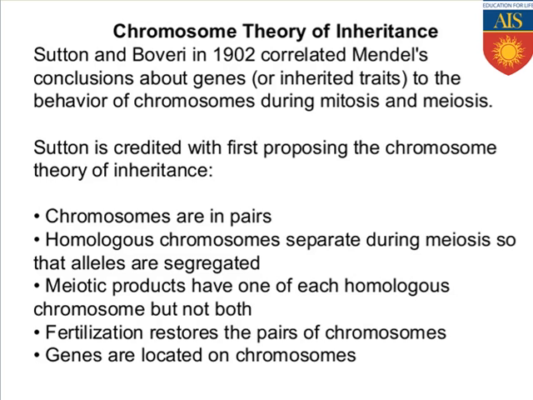Fertilization restores the pair of chromosomes. If fertilization happens between the male gamete and female gamete, the chromosomes again come in pair form. Only at the gametic stage are the chromosomes unpaired, and after fertilization they return to the paired, diploid form. Genes are located on the chromosomes.